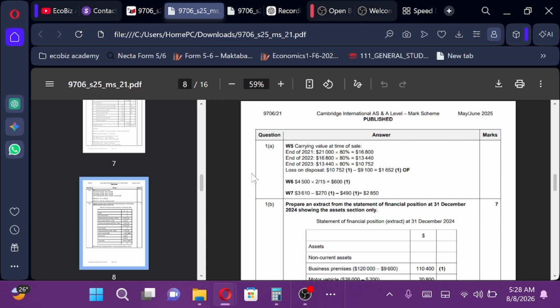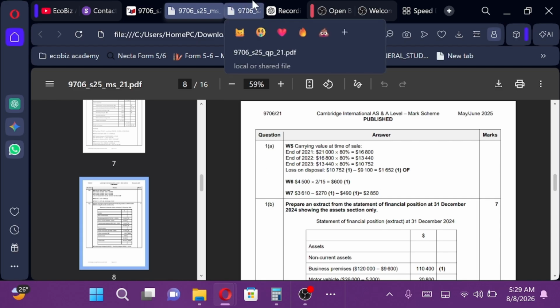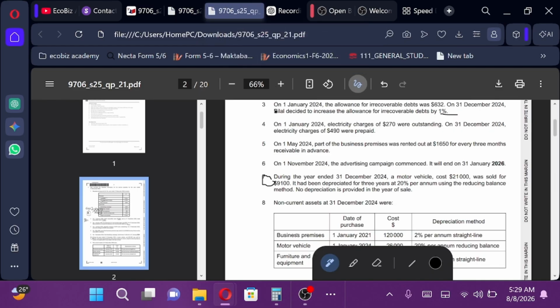Okay, sorry, I made a mistake here. So we'll end at 2023. Notice it's because it says here, no depreciation is provided on the year of sale. So this basically means that we will not calculate it because we sold it in 2024.